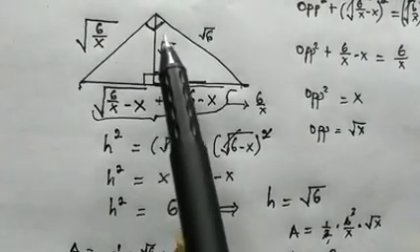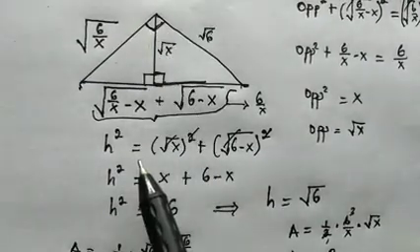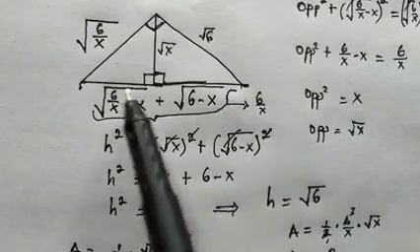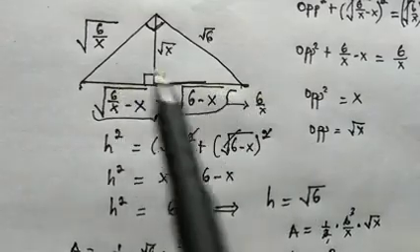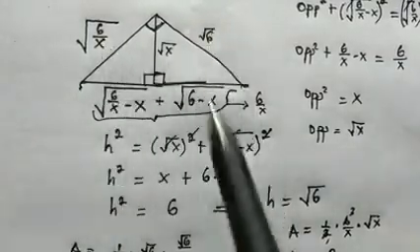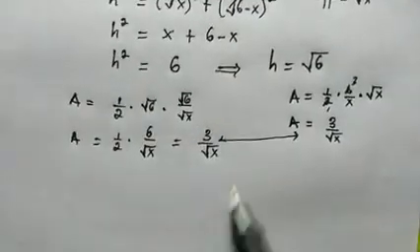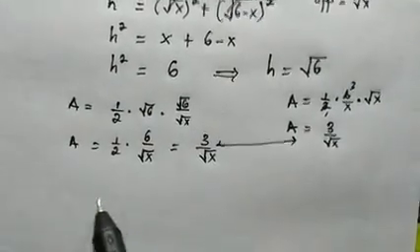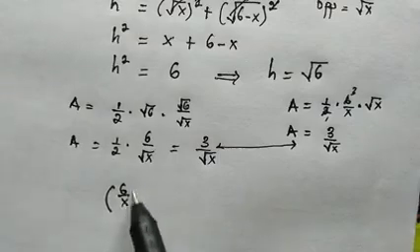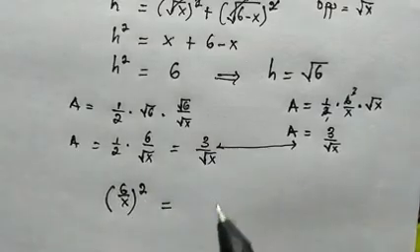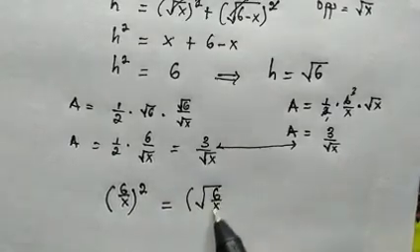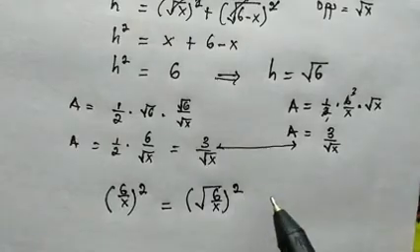Therefore, this is a right triangle. Then, according to the Pythagoras theorem, we know that the square of this hypotenuse side is equal to the sum of the squares of the other two sides, the base and the height. Then here we have the hypotenuse side squared, which is 6 over x, squared, will be equal to the square root of 6 over x, squared, right?